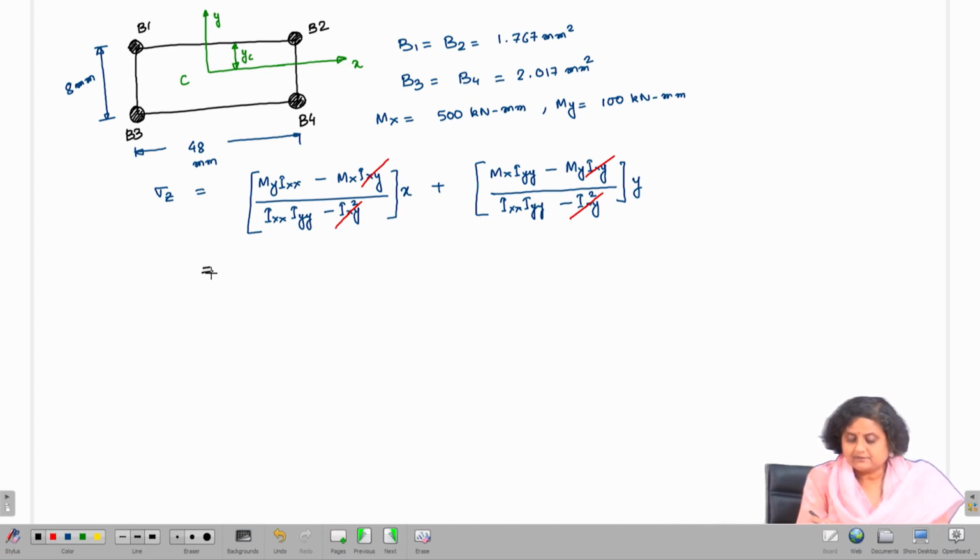Therefore, if we simplify this, we are going to have My into y by Iyy plus Mx into, sorry, this is going to be x, plus, so this is going to be the sigma z due to symmetry.